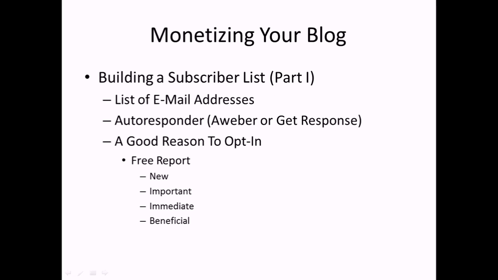Therefore, if you are reviewing a product, as we talked about in the last video, if you are introducing a new affiliate product or you have created a product of your own, you can show that email list everything that you're doing new on your blog.